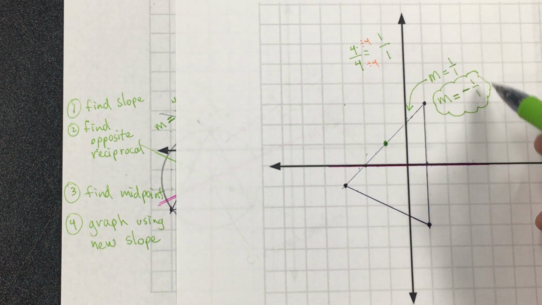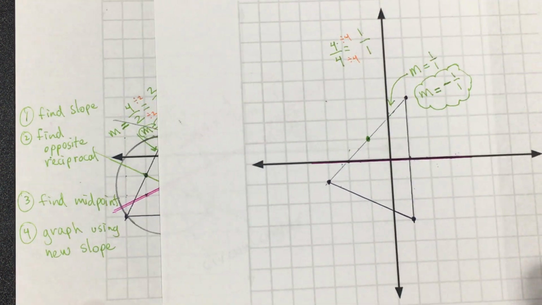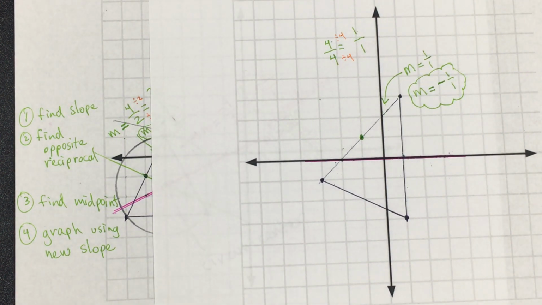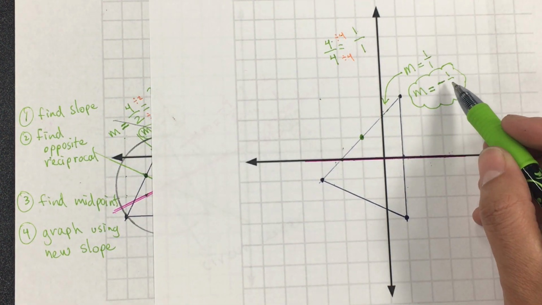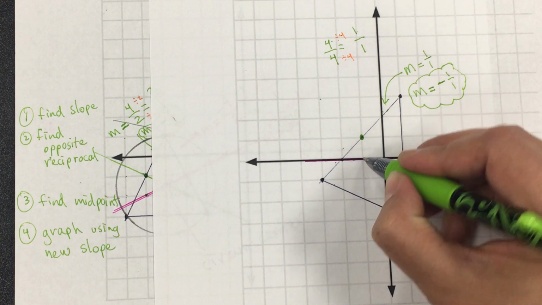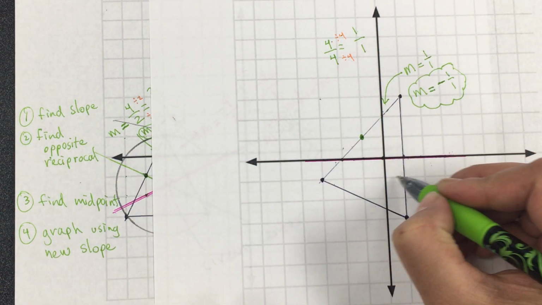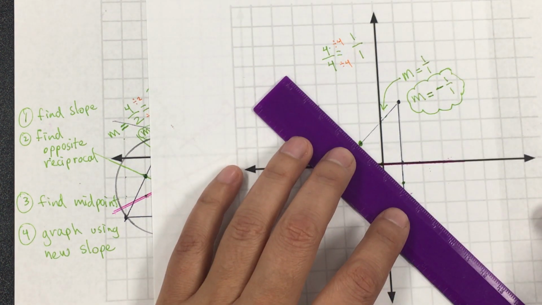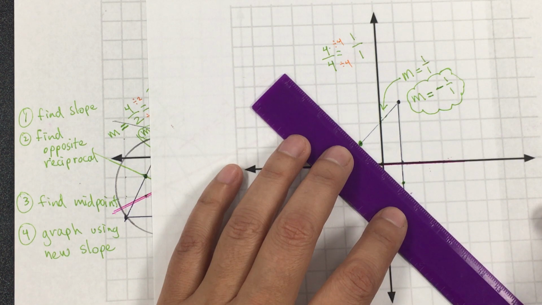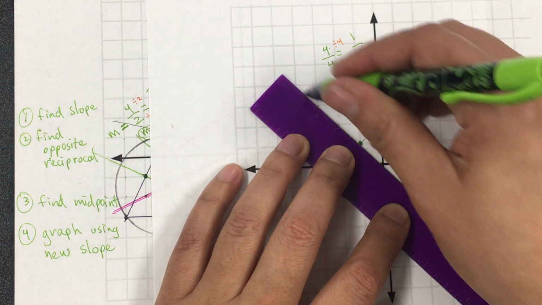And so it means that it's -1. So the rise is going down 1 and 1 to the right. You can just do it once, but that's where you will draw your perpendicular bisector.